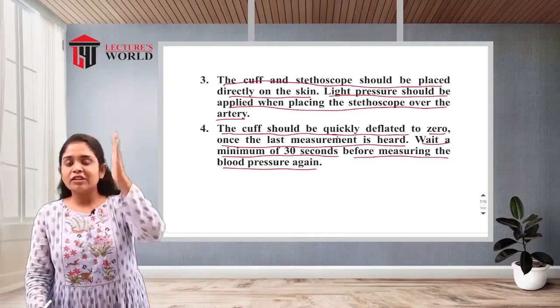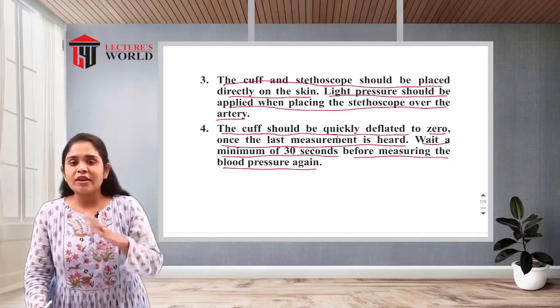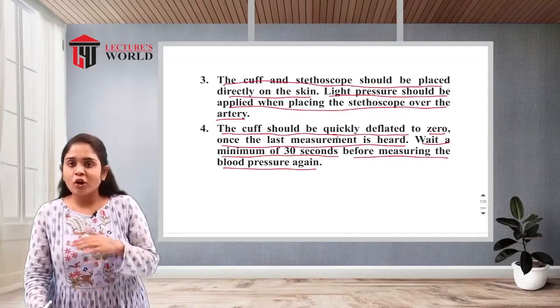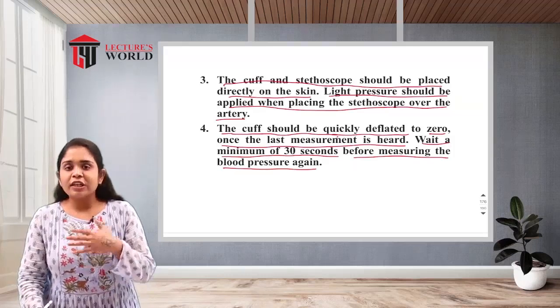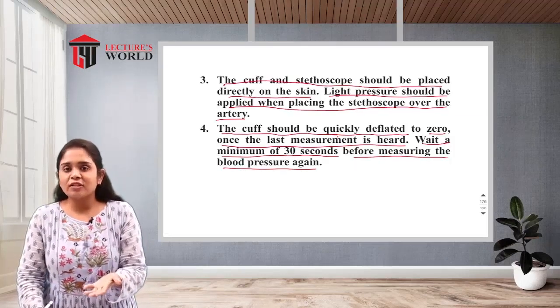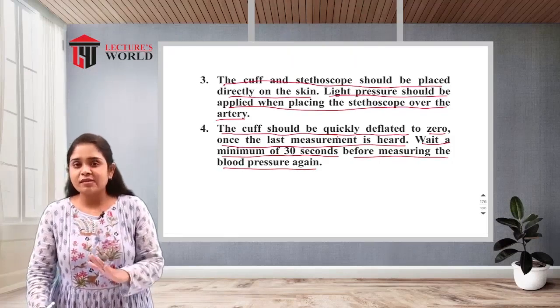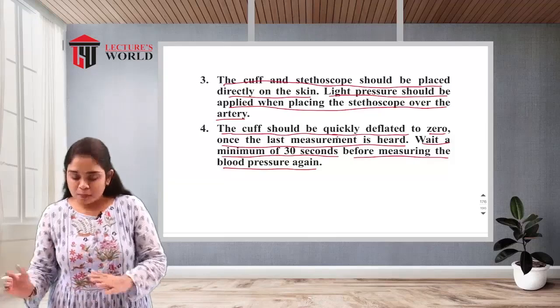Till now we have seen the scale, 180 or 220, so make sure you are dropping the mercury column down. If you have just checked the blood pressure of one patient, make sure you wait for 30 seconds. Then only go for checking the blood pressure again.